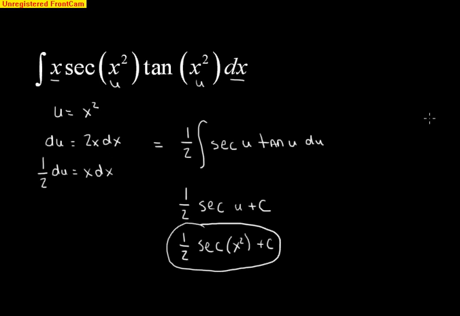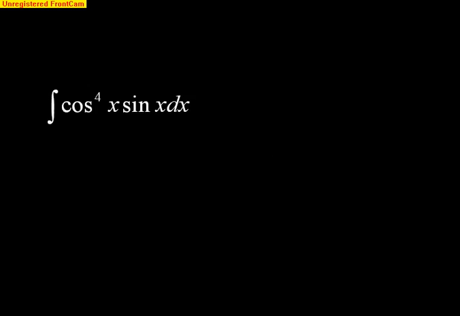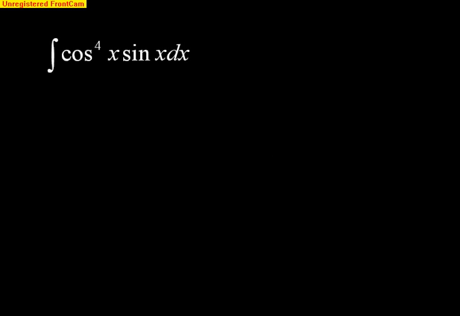So let's see if we can get one that's a little bit more complex here. Here I have the cosine to the 4th of x times the sine of x. Now, when you look here, you see that the angle is basically just x. So in this problem, I'm going to rewrite it so I can see something here.